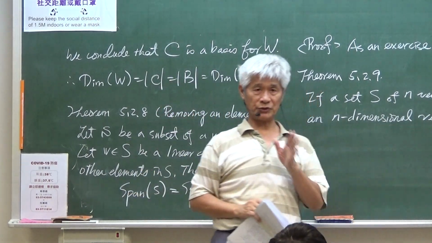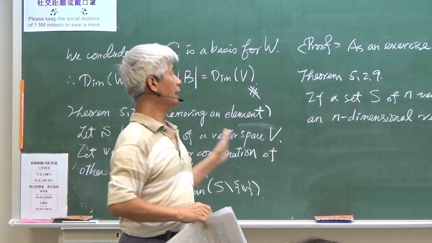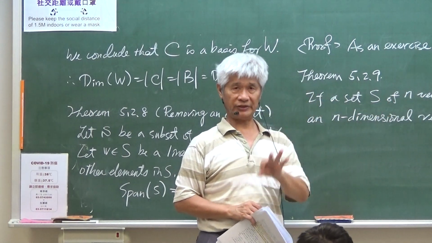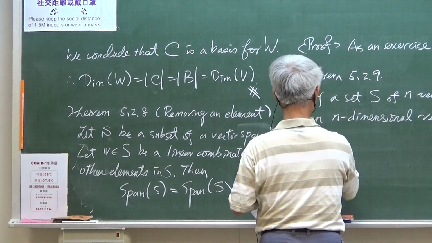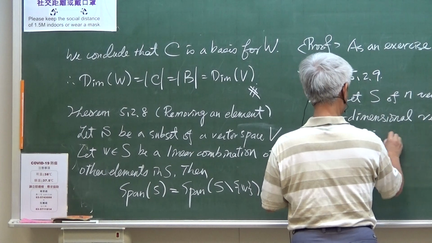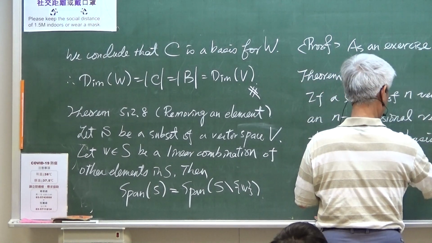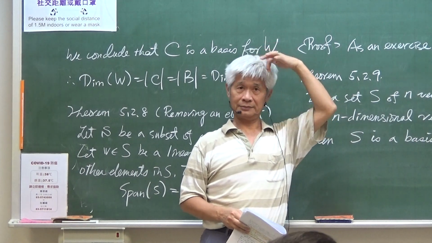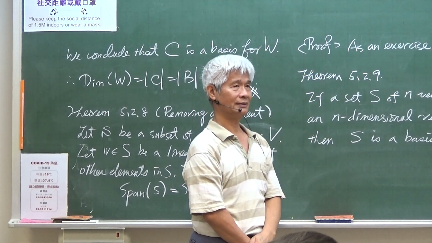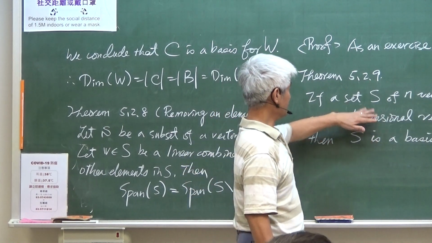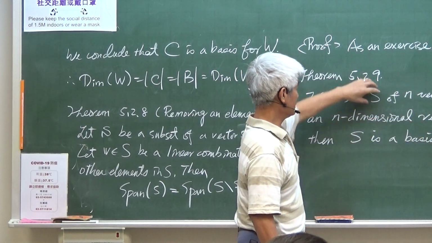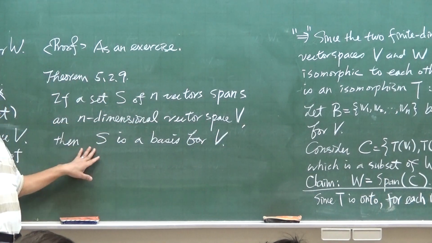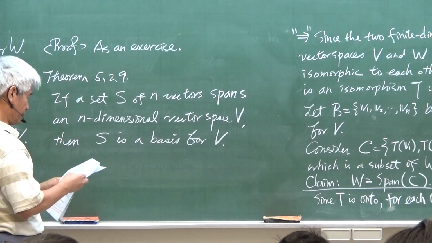First, we have a vector space which is n-dimensional, so we know the dimension of the vector space is n, and we know a set S consisting of n vectors that spans V. Then S is a basis for V, which means that in this situation S is a linearly independent set.